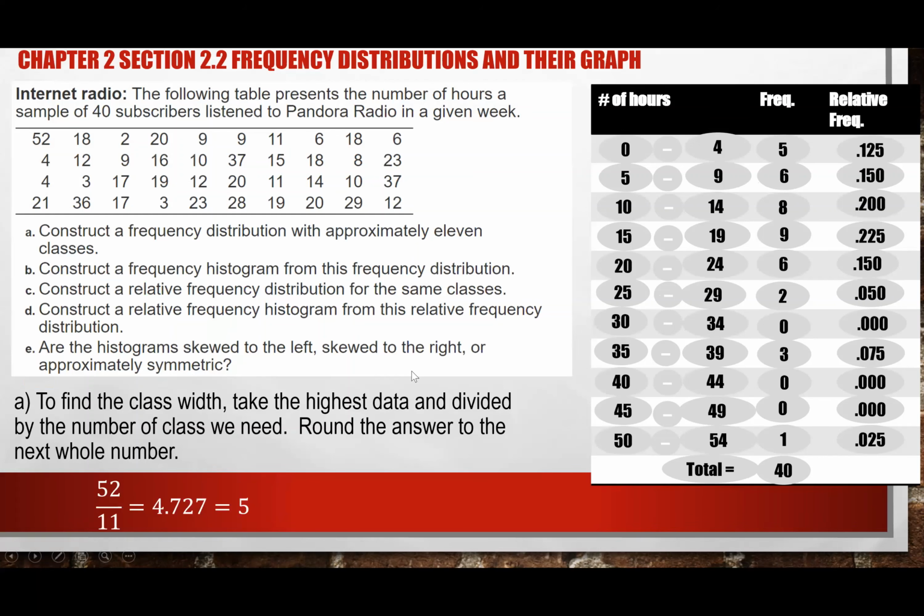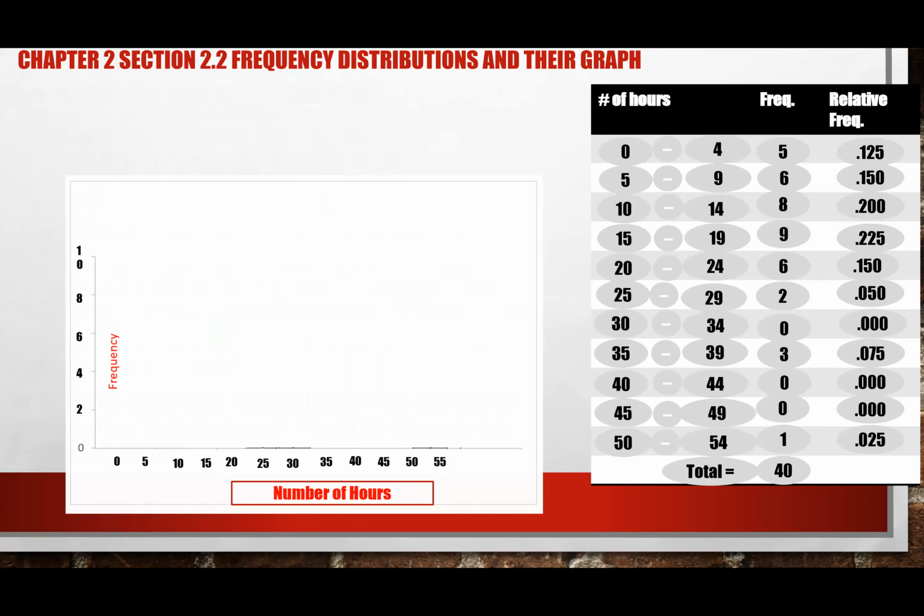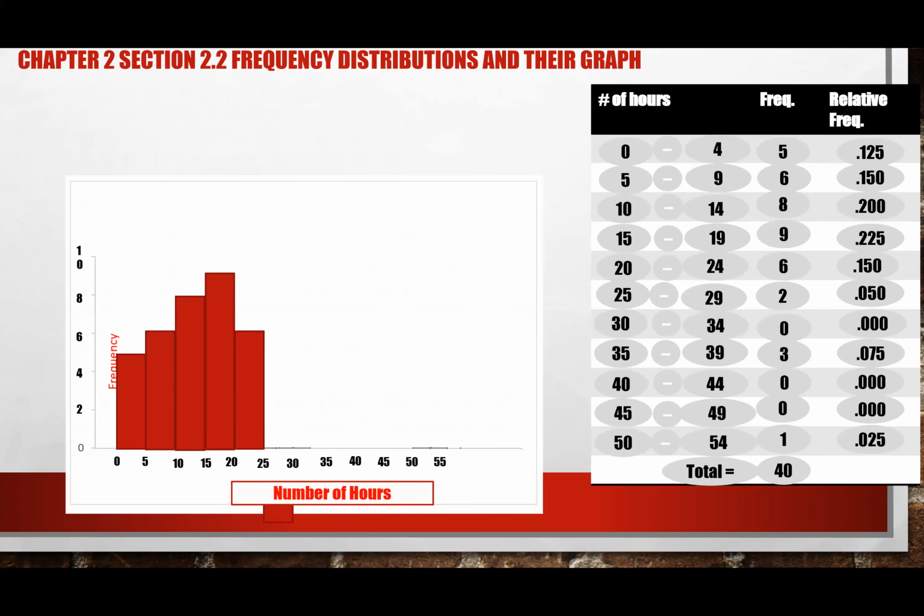So reminder, I told you guys that the skewness of the graph is from the graph looking at you. The point of view of the graph looking at you is not from your point of view. Okay, so looking at this here, first of all, the question of how I come up with my frequency distribution table, relative frequency distribution table versus my histogram, and how to determine if it's skewed to the left, skewed to the right, or symmetric.